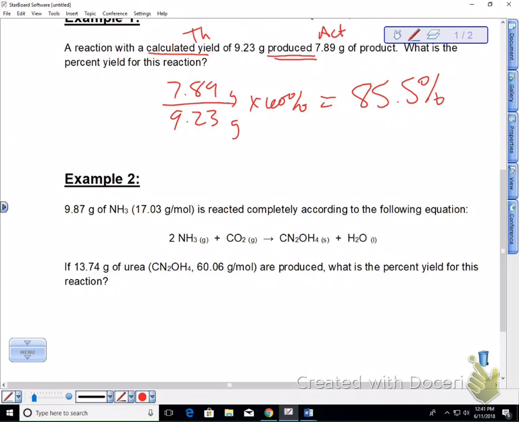Now before I go to example 2, let me address the question that may be in some of your minds. 85.5%, many of you are wondering, is that good or bad? Well, chemical reactions have a wide range of possible percent yields. Some of them, like combustion reactions, tend to go nearly to 100%, so they'll be in the high 90s. But there are lots of reactions, especially in organic chemistry, to make things like pharmaceuticals, the medicines that you take.